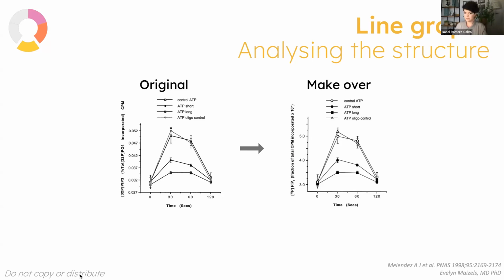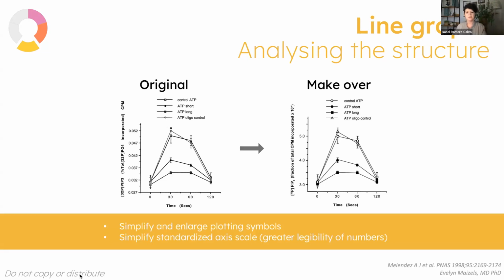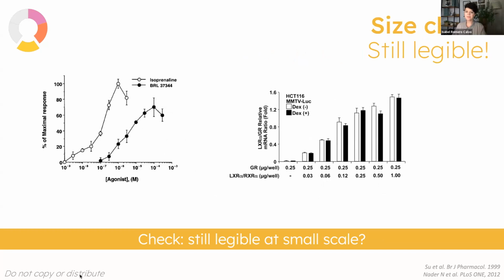The main clear point to improve here is the type of symbols for multiple data series. Simplifying the plotting symbols is good. Making them large is good, so we can actually read them. And of course, if you pay attention to the y-axis, it has also been simplified here, which helps understanding things faster.